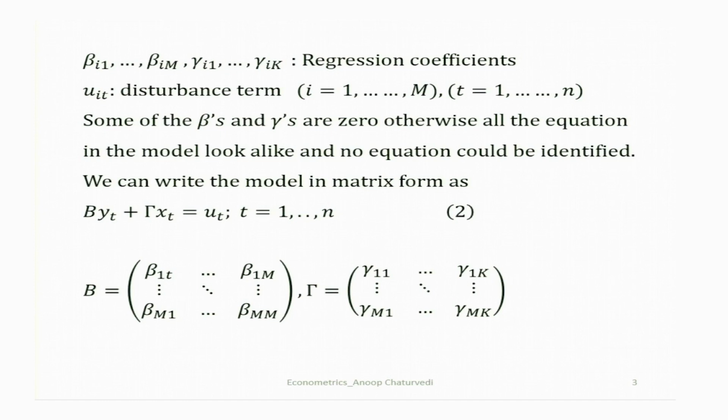Now, in this structural form, some of the betas and gammas are 0. Otherwise, all the equations in the model look alike and no equation could be identified.